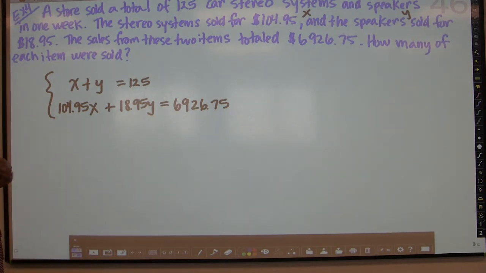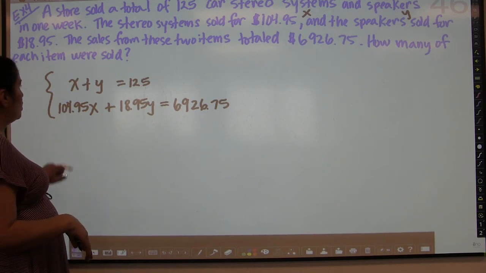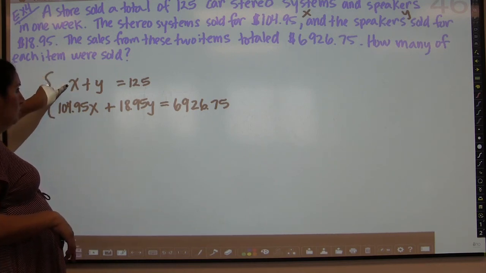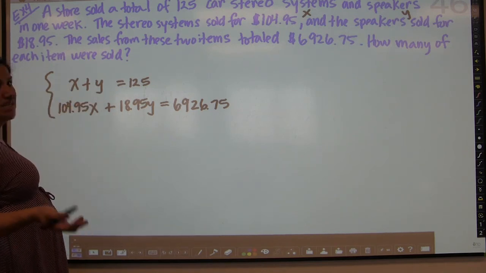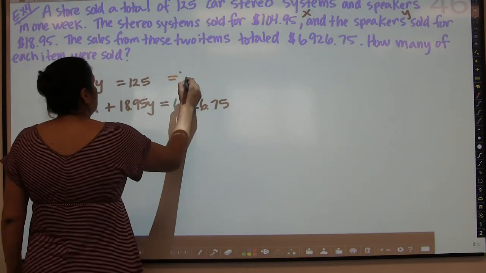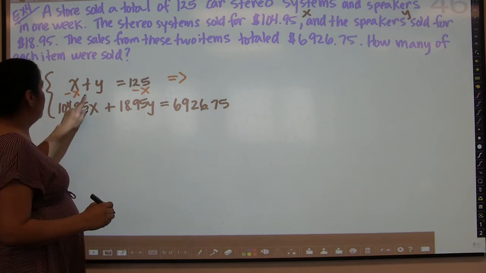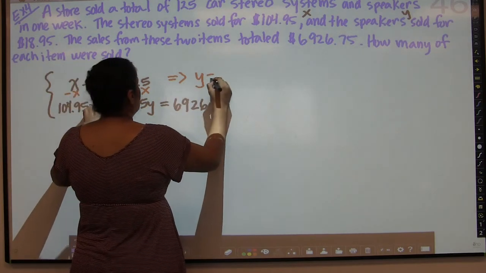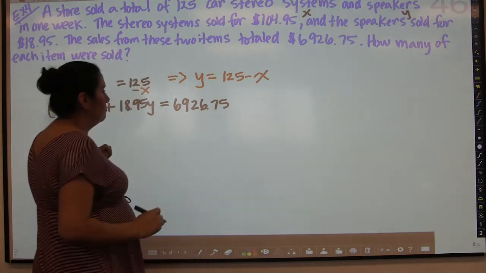How many of each item were sold? Basically, what we have to do here is solve the system. So it's probably a no-brainer that we want to take the first equation and solve it for one of the variables. In this case, since they both have a coefficient of 1, it doesn't matter which one you pick. So I'm just going to subtract X from both sides, and I'm going to get Y equals 125 minus X. Okay?